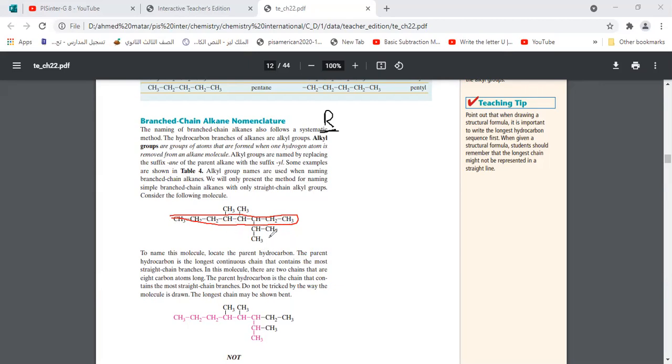Because here you're going to find that this carbon has two attachments, and we need the branches to be on separate carbons. If we count from this side, that is the third carbon, and the third carbon carries two different attachments.